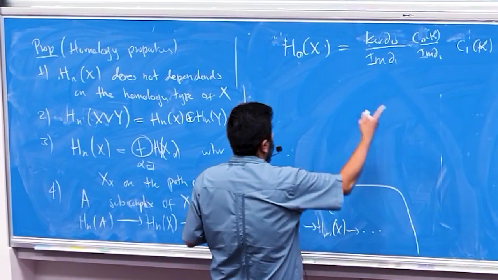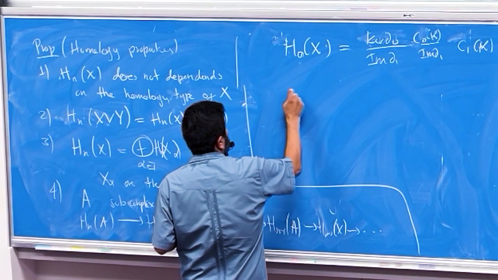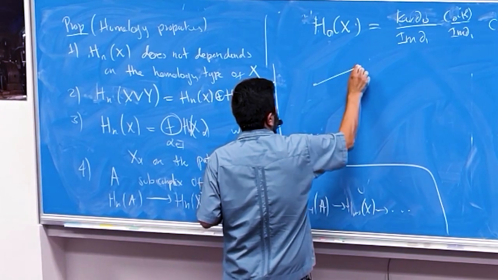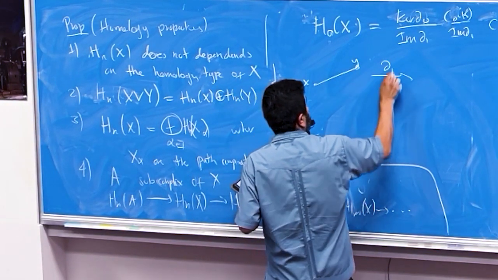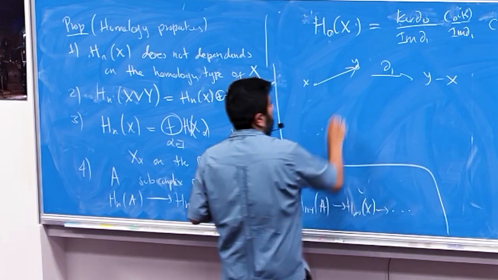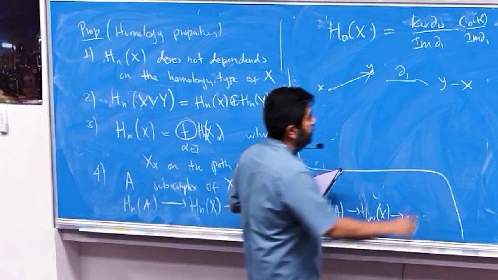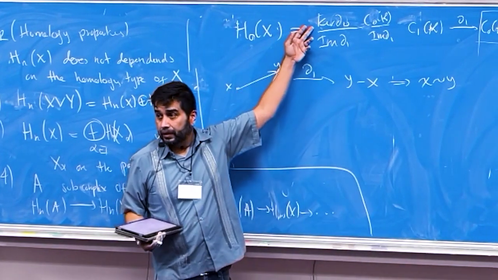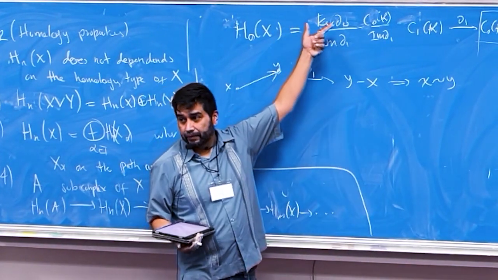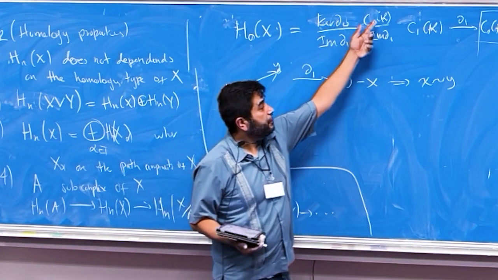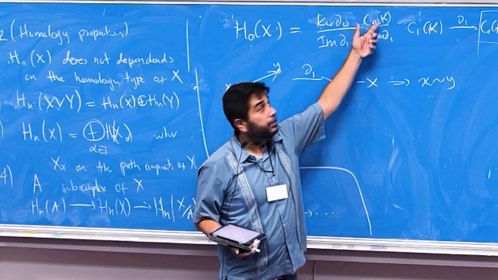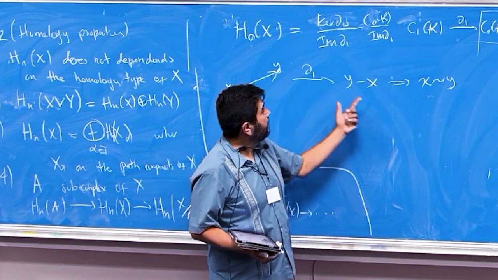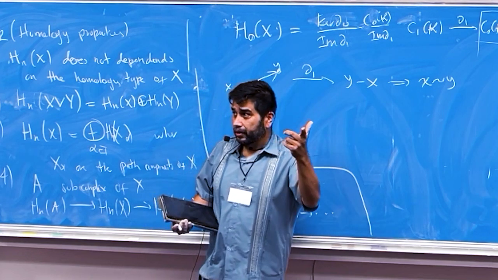The intuition here is that if you have an edge, the image of delta 1 is going to be y minus x, which implies that x is equivalent to y in this quotient, because its difference is the boundary of something. So here, everything is generated by the vertices of K, and every pair of vertices are equivalent if they belong to the same edge.